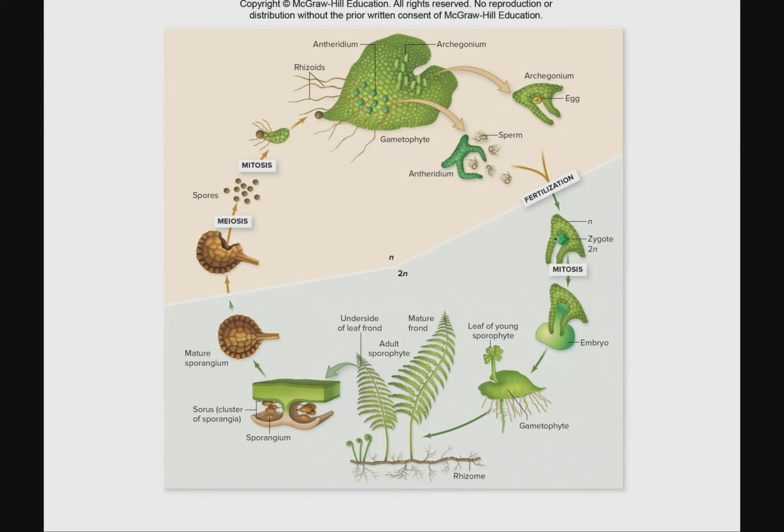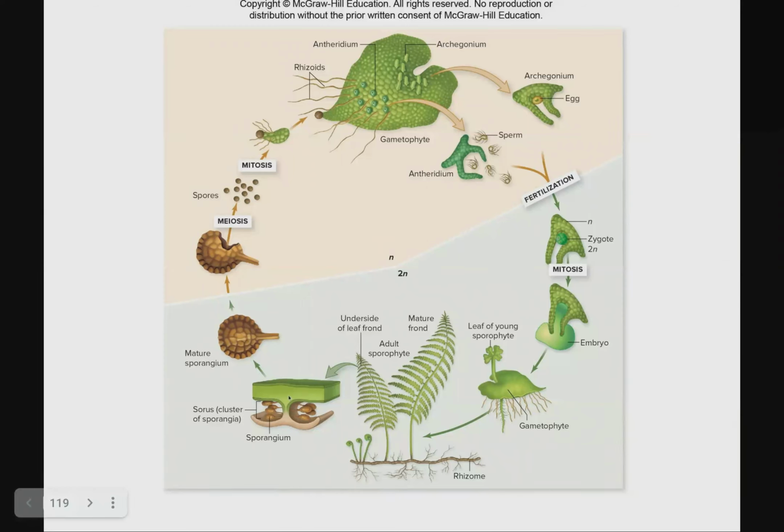The sporophyte undergoes mitosis, producing a larger 2N embryo, which then develops as a leaf of a young sporophyte, which then develops into a mature frond, as we can see here, this is a frond of a fern, and the adult sporophyte.